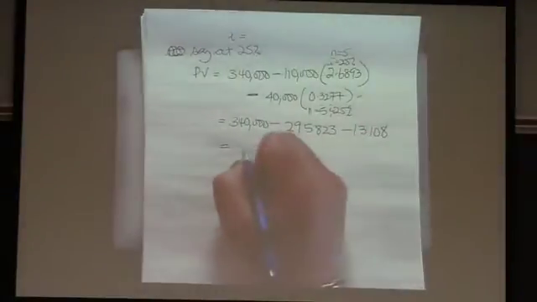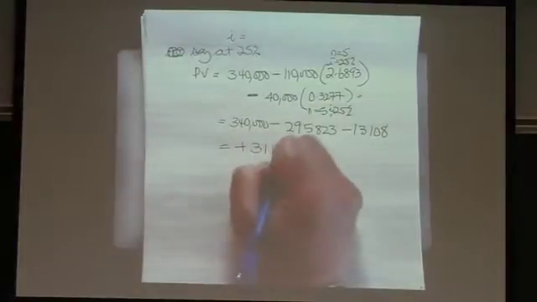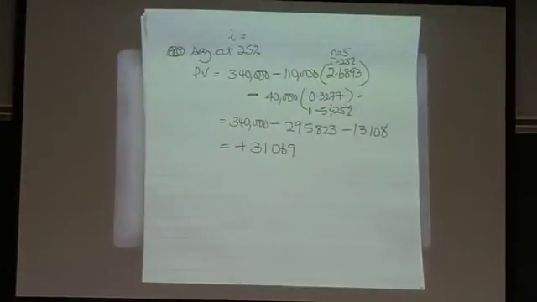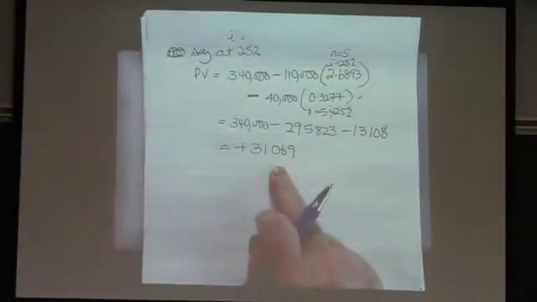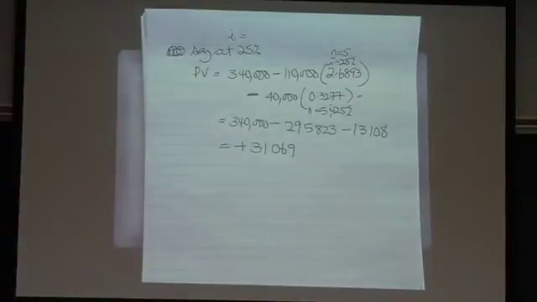So this is a positive 31,069. So what we want is we want to guess what rate is going to make the NPV equal to 0. So we've got one that is positive and one that's negative. So we know it's between 20 to 25.